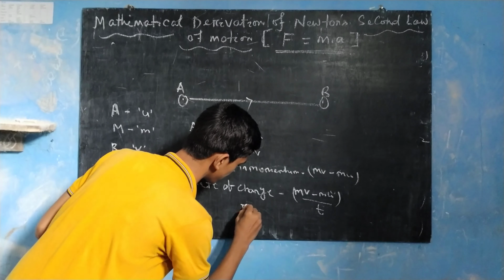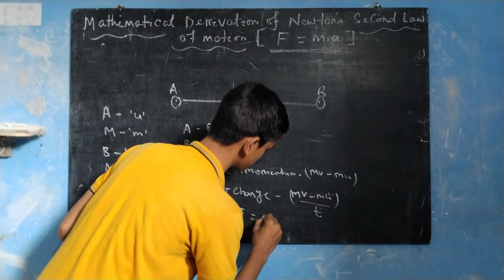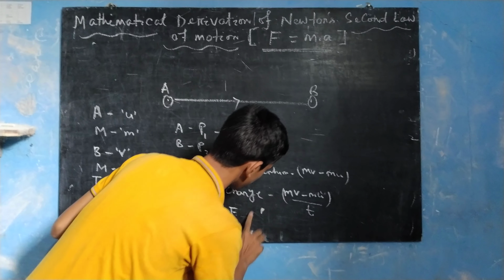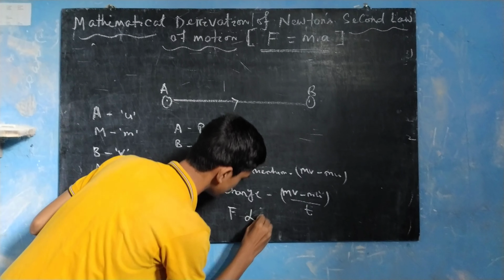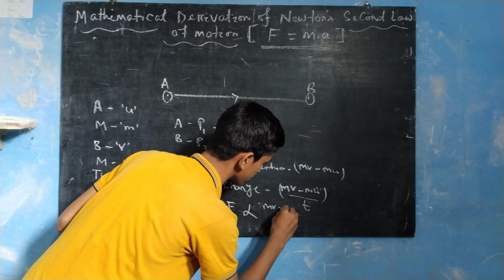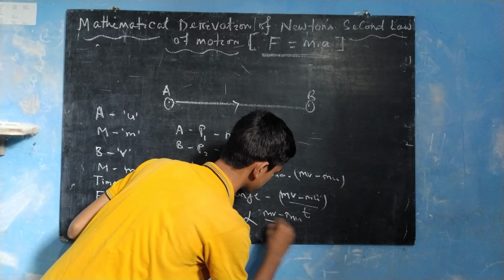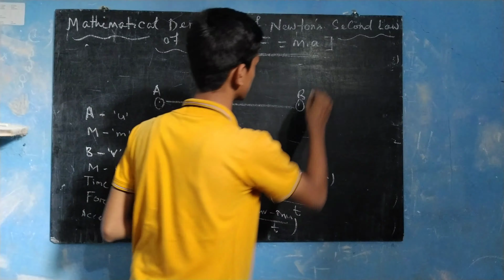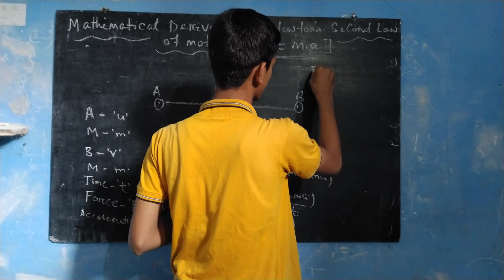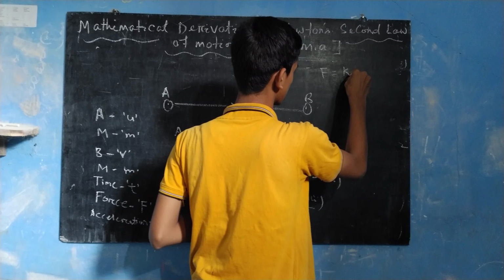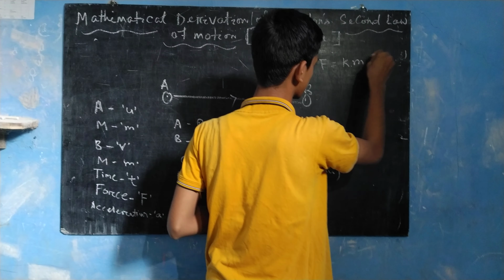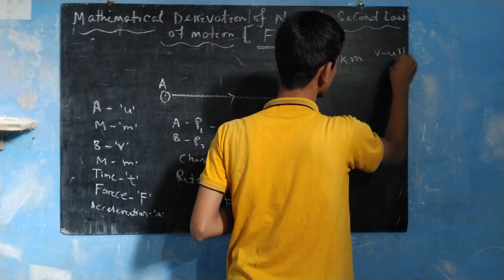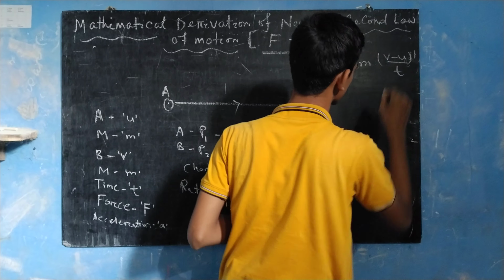So F varies as (mv minus mu) by t. So here F is equal to k into m into (v minus u) by t.